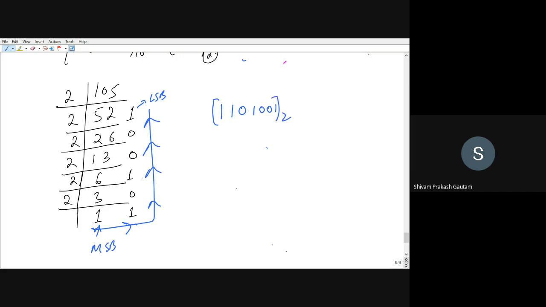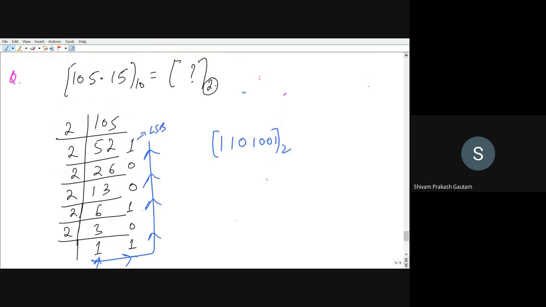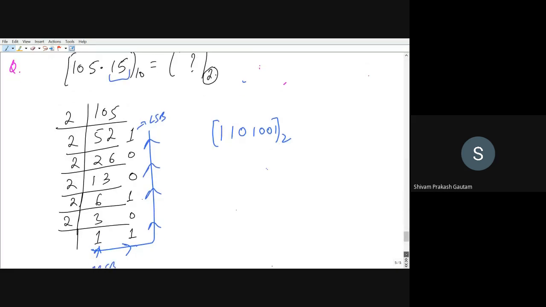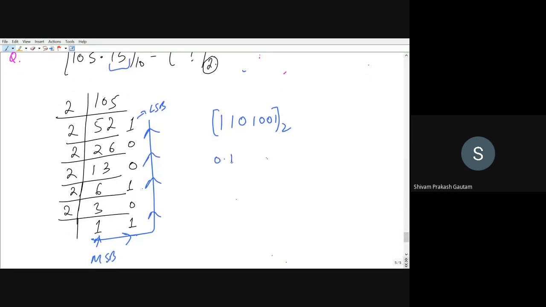Now we will see 0.15, which we have seen how to convert. So 0.15 multiplied by 2 will be equal to 0.30. Again we take 0.30, multiplied by 2, this will be equal to 0.60. Again 0.60 multiplied by 2 will be equal to 1.20.